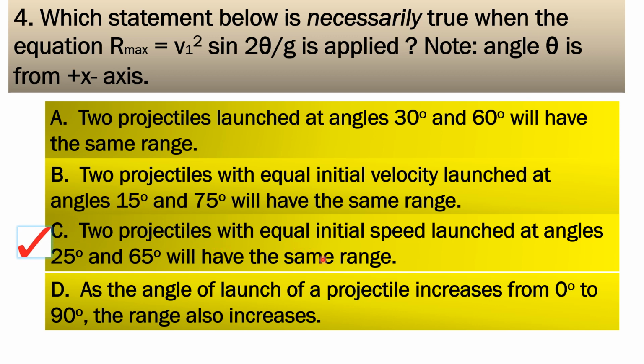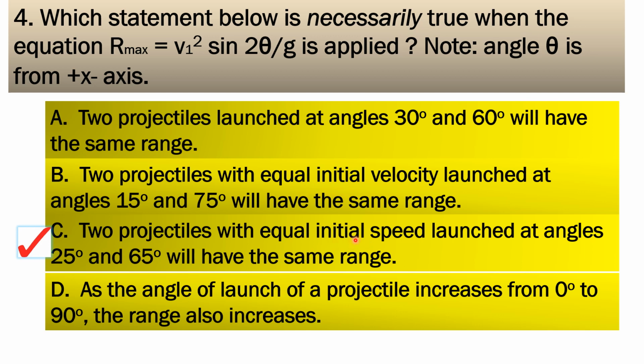What's the difference? It is the choice of the word. In letter B, we talk about initial velocity, while in letter C, we talk about initial speed. So what's the difference? Why is letter C a better answer compared to letter B?